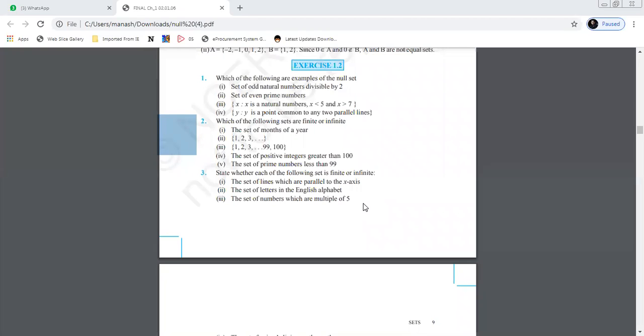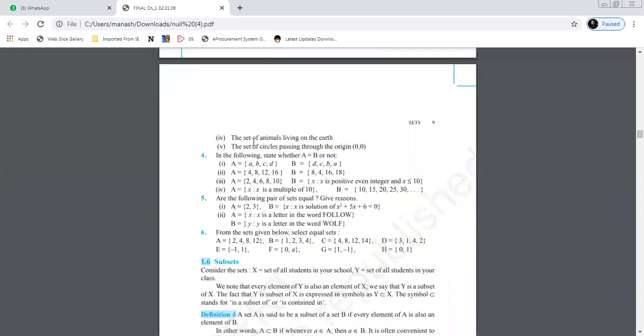Infinite. Yeah, it is infinite. You can find any multiple of 5. It is 10,000, 1 crore, 100 crore, 10 billion. So obviously it is an infinite set.